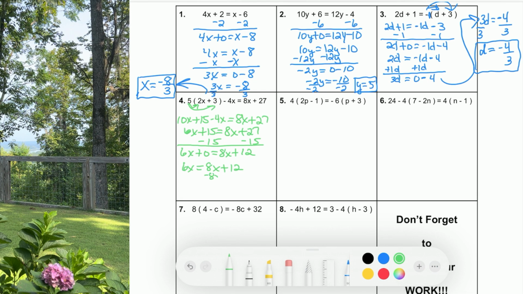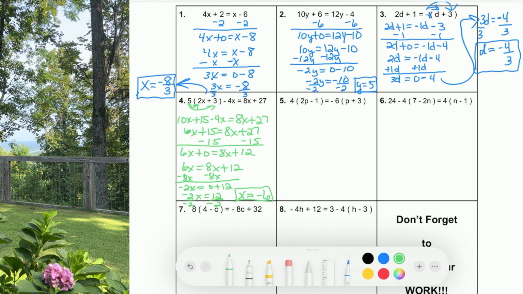I need to subtract the 8x. I get negative 2x equals 0 plus 12. And then I get negative 2x equals 12. Divide by negative 2, divide by negative 2, and so x equals negative 6.